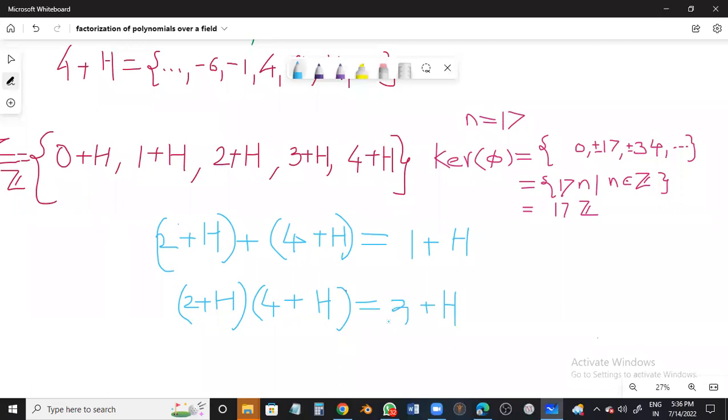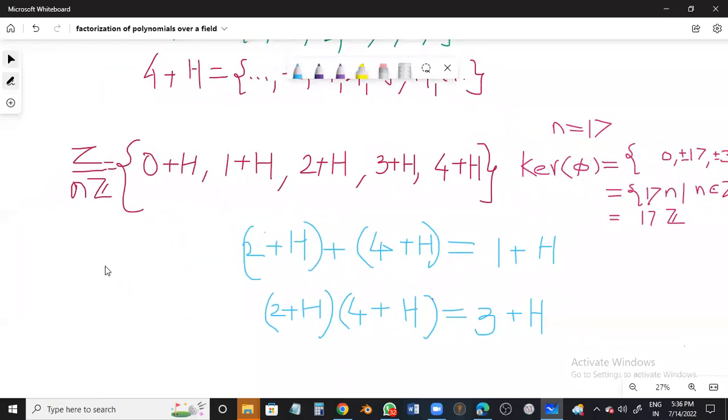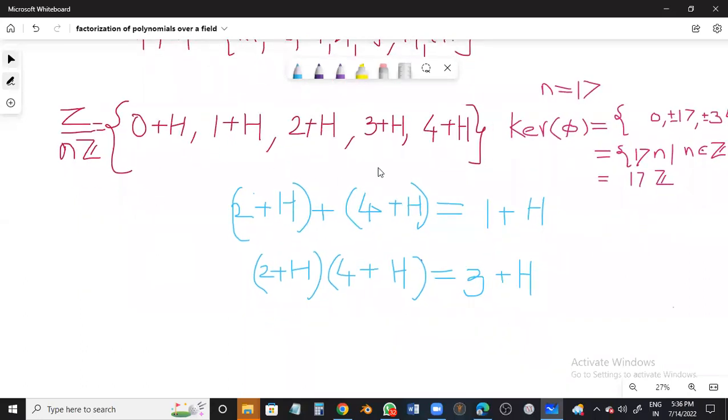Yes, very good. So the answer is going to be 3 plus h. So it is back in your set. So you can see that this particular set forms a ring under addition and multiplication defined this way. So it's a ring.